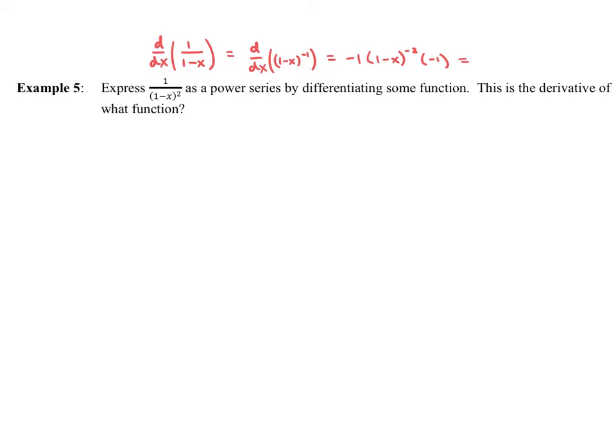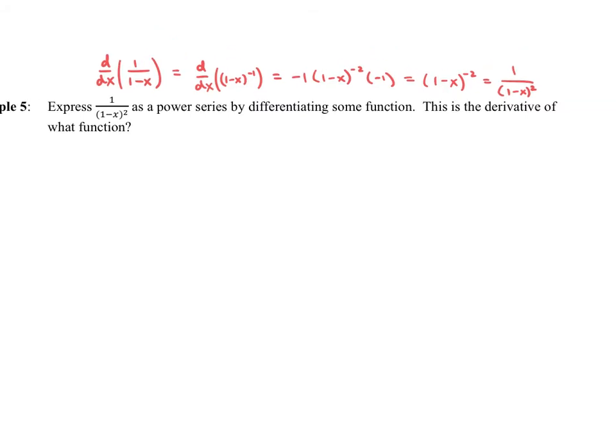And then what we get is 1 minus x to the negative second, and believe it or not, it is exactly what we're looking for. So notice that if you were to take the derivative of the only power series we know, we end up getting the same exact thing we're looking for.